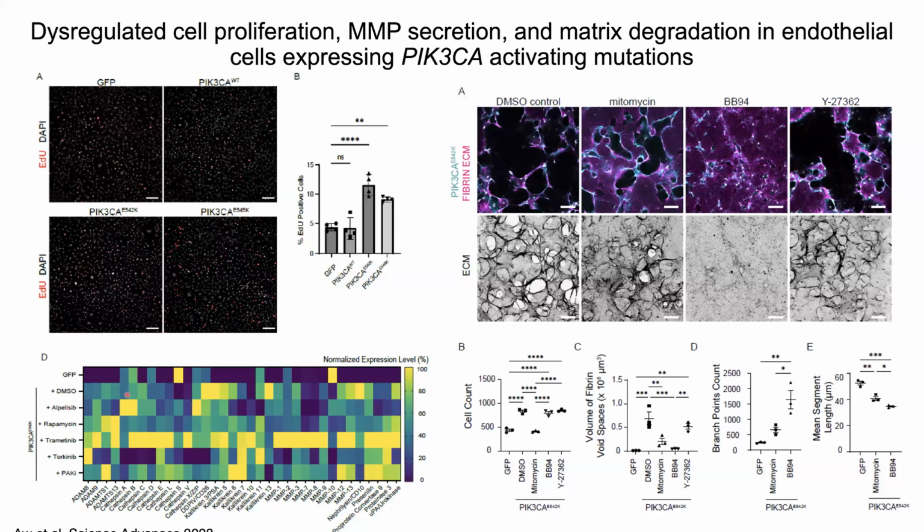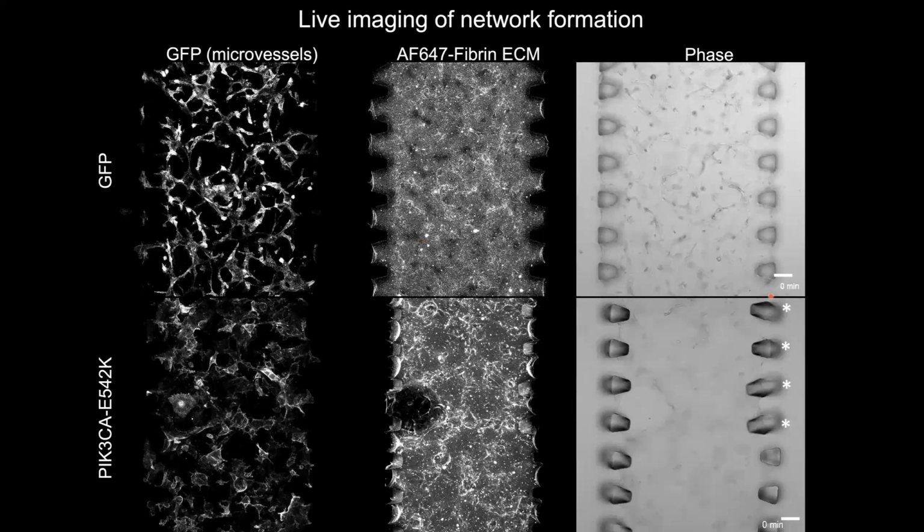But you can see that in the case of DMSO, so the untreated cells, we see upregulation more or less across the board of these MMPs and fibrinolytic proteins, consistent with the formation of the voids in these networks. We also found that if we blocked MMP secretion, or we blocked proliferation of the cells, we maybe reverted some of the phenotypes, but we didn't fully recover the healthy vascular network-like topology.